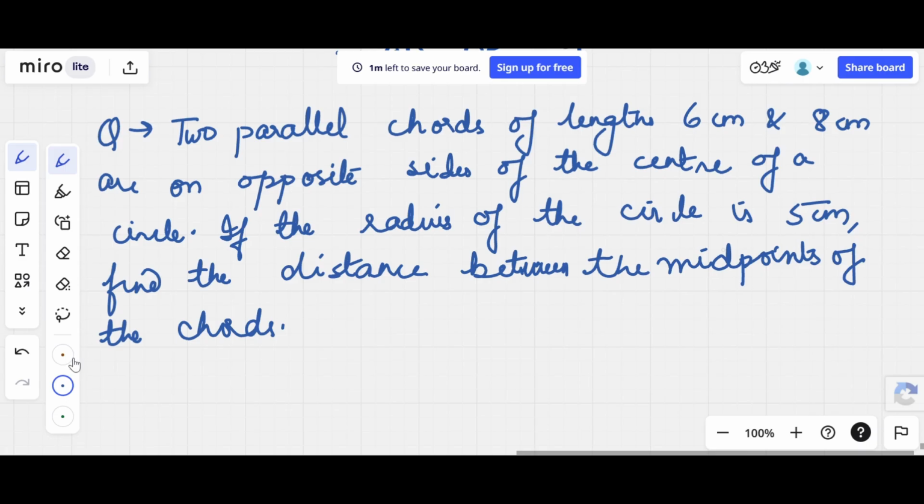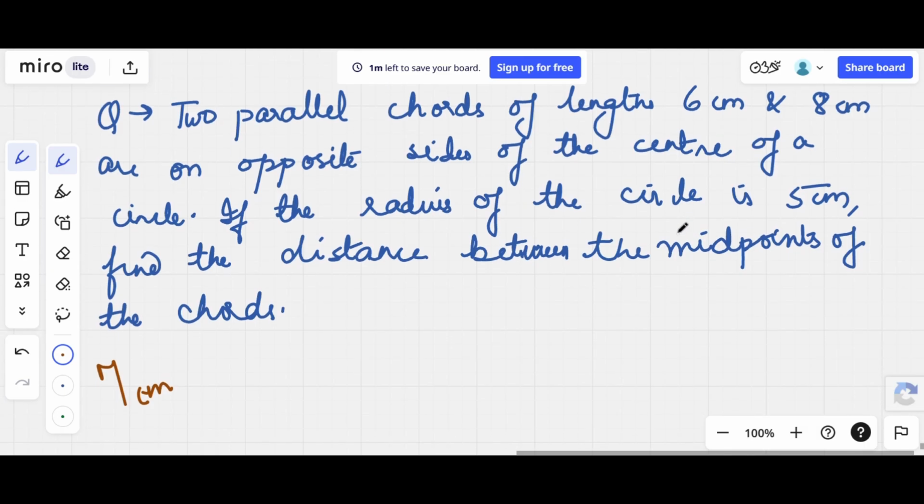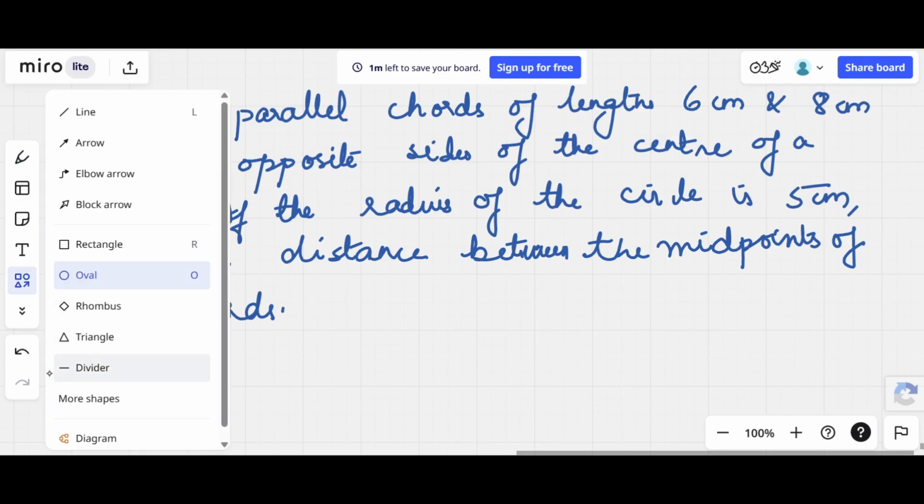Okay, you got 7. Anybody else got any other answer? Kids, anybody got the answer? What happened, yaar? This was not that hard. Did you draw it? Did you see how it is? I got 7, sir.